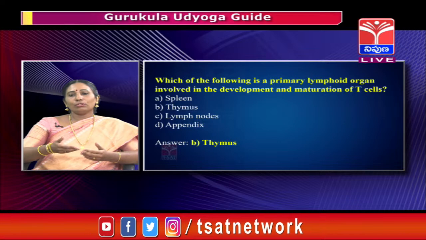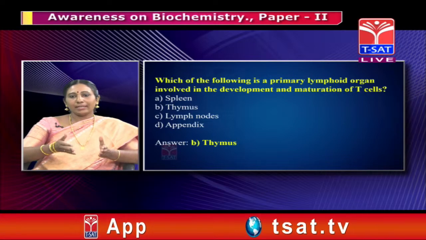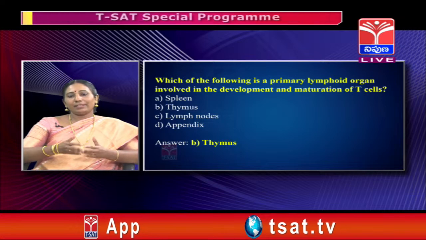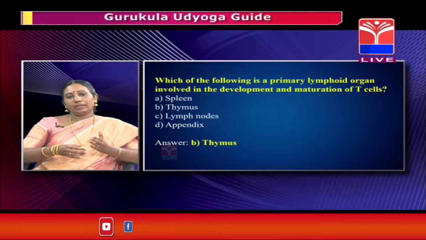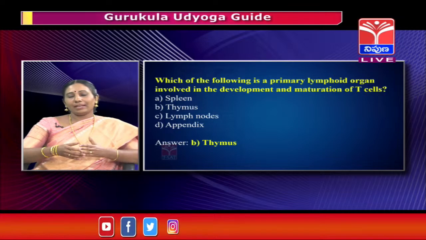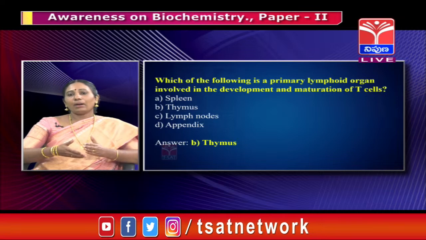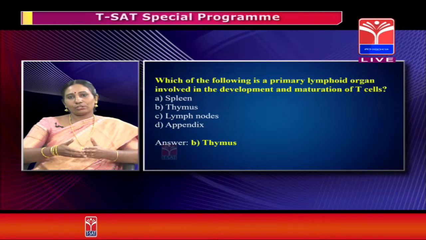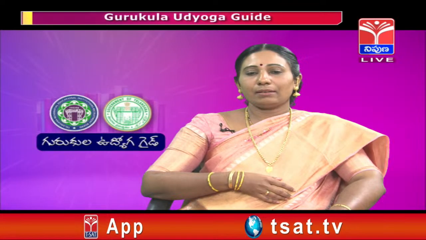So, we need to know that the thymus is a primary lymphoid organ. It is the site where the T cells will mature, then we can answer such questions. Similarly, for all the components which are there, you should learn their structure, function and exactly what is the role of those structures and those cells in the immune system. Then such questions can be answered.